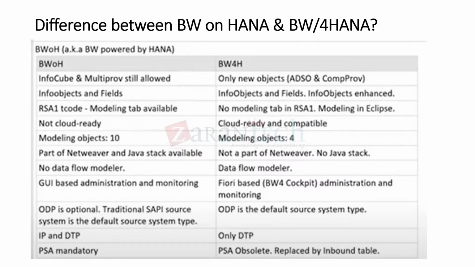But the core of differences lies in the actual build and development of the objects which we used to do in BW on HANA or BW 7.3 or the previous versions. So that is where we will spend a lot of time, on actual building of the objects, so that you understand the core differences. And then there are a few minor things which we can't do practicals on, like the migration and transports. Those things, I think you can pick up very easily.